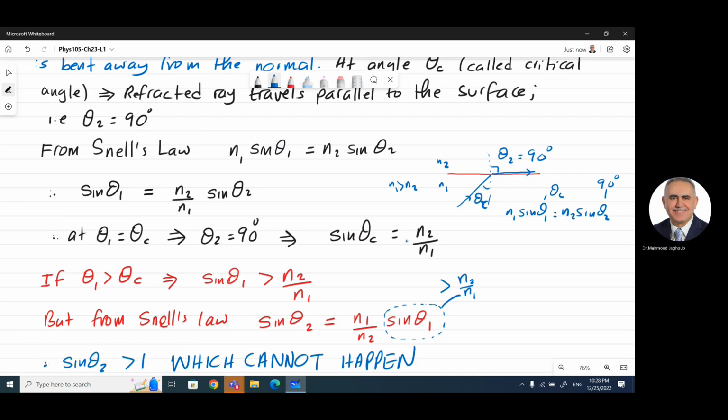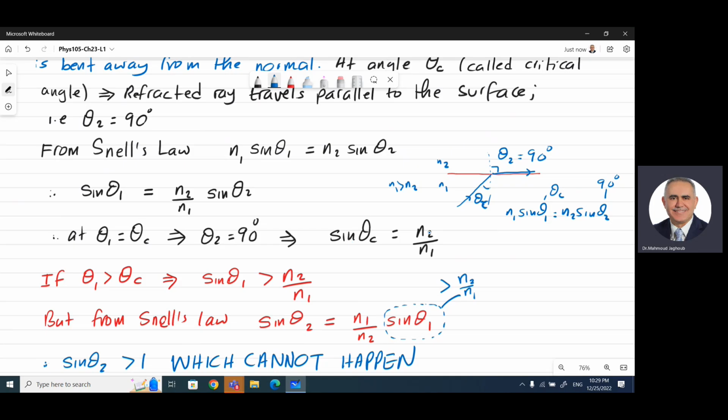So if you want to calculate the critical angle, it is the index of refraction of medium 2 divided by the index of refraction of medium 1. And notice that for this to happen, n2 must be less than n1. If n2 were greater than n1, something would be wrong: the sine of the angle would be greater than 1. So n2 must always be less than n1, because the sine cannot be greater than 1. There is no angle with a sine greater than 1.